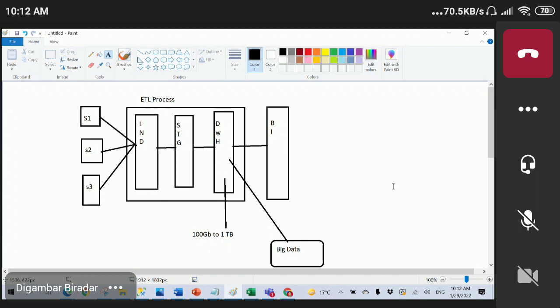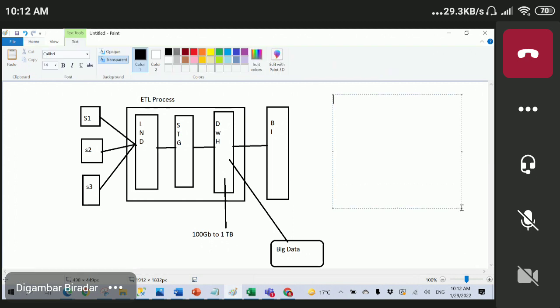But here, how will your concept work? As a development perspective, you need to integrate first, after the ETL process.